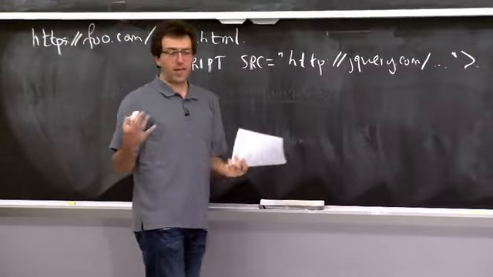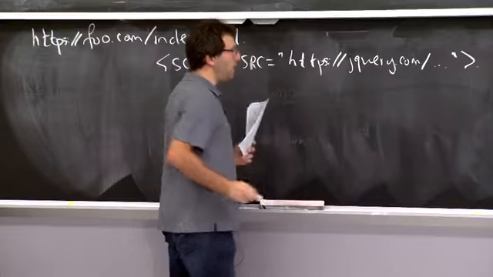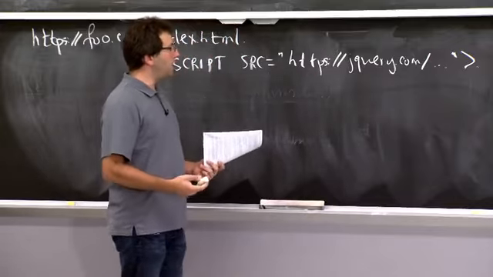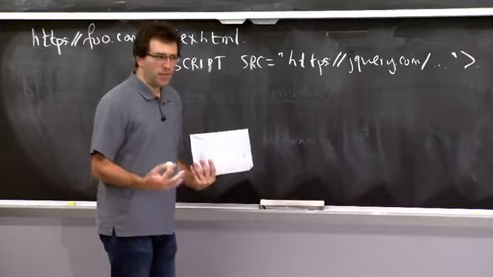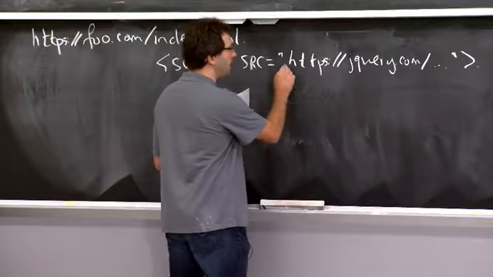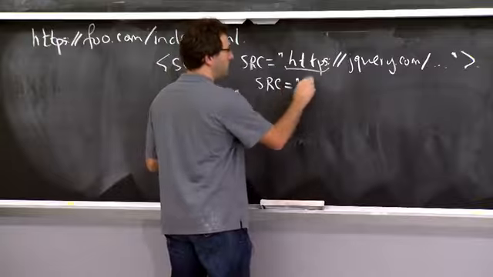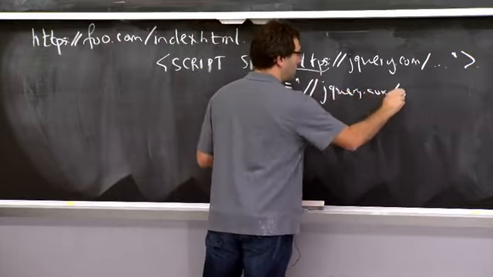So it seems like a good guideline for many web developers to follow. So maybe you should just do https://jquery.com. Or it turns out that URLs support these origin relative URLs, which means you could omit the HTTPS part and just say image or whatever, script source equals //jquery.com/something.